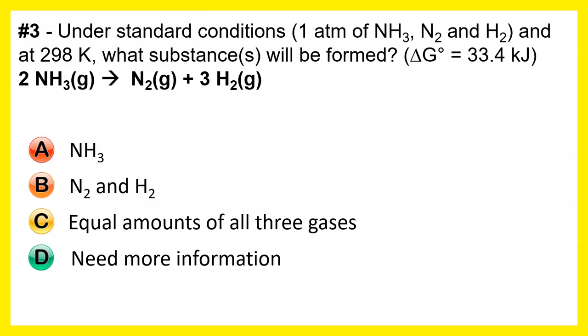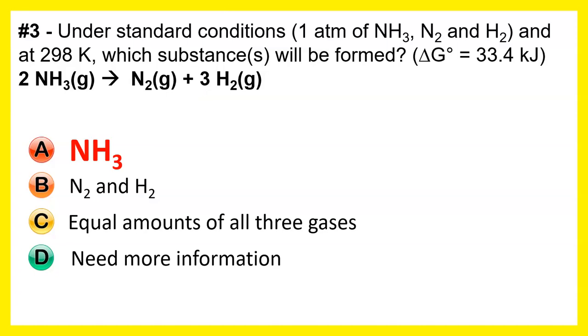Just think about what that delta G tells you. Do you notice how it's positive? That means it is not spontaneous in the forward direction. That means it's going backwards. I'm not going to be going this direction. I'm going to be going backwards. I'm going to be forming NH3.